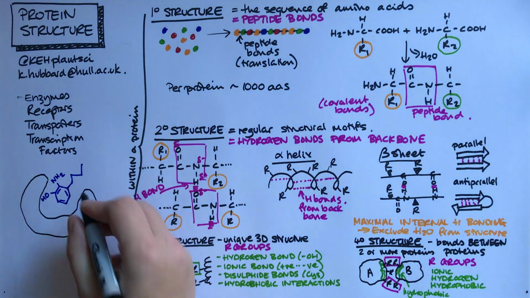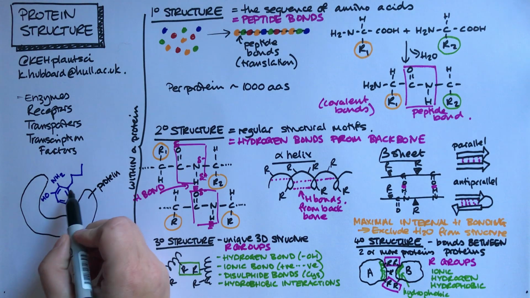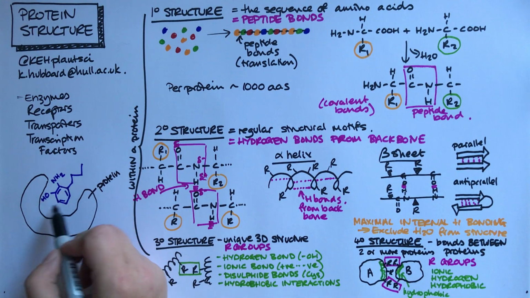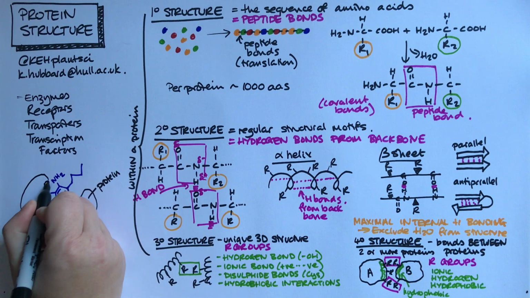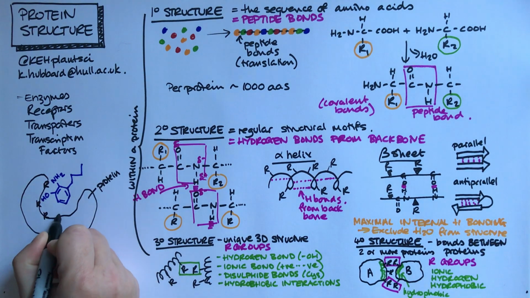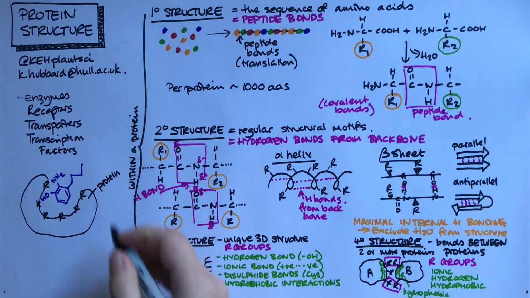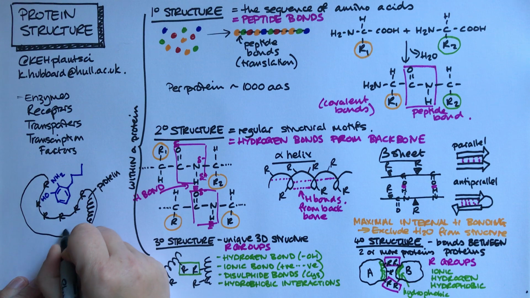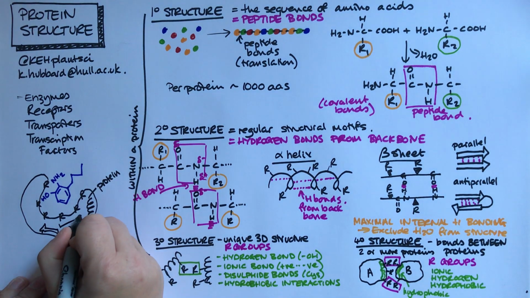So if here's the protein, and this might be a signalling molecule, it might be a substrate for an enzyme, might be something it needs to transport, doesn't really matter for this example. The protein will have R groups over the surface. Inside, the protein will have the secondary structure, so there might be a bit of alpha helix there, a bit of alpha helix there, bit of beta sheet in there, bit of beta sheet in there.